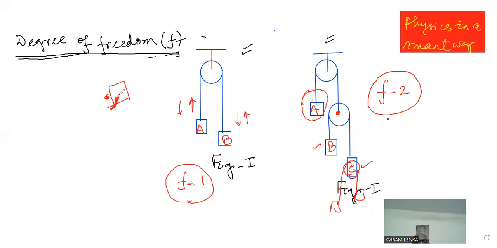So the door has a degree of freedom equal to one, because the door is allowed only one motion, that is rotation about the pivot or about the doorpost. The doorpost and the door are hinged together. So that is the idea of degree of freedom.